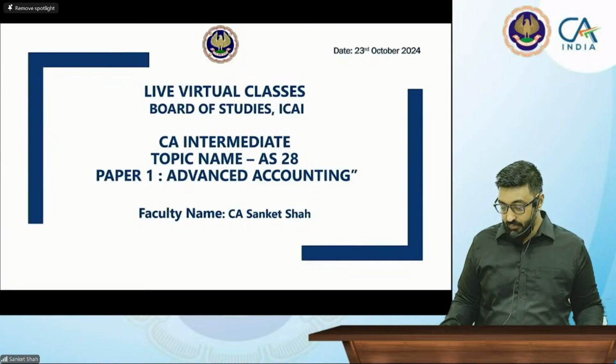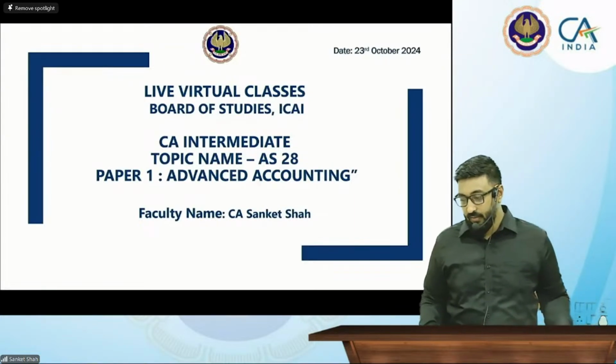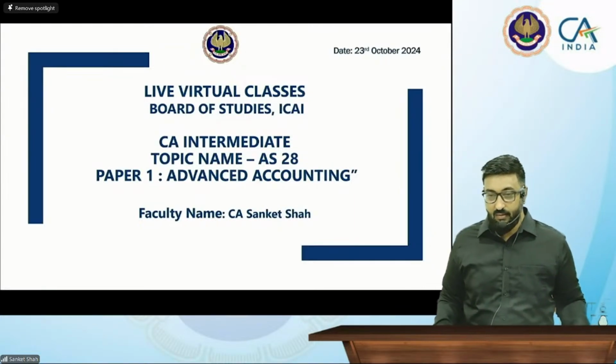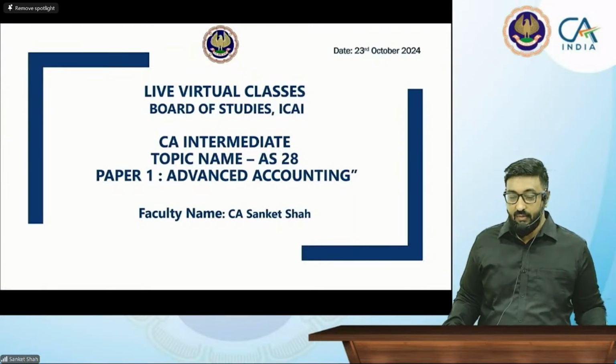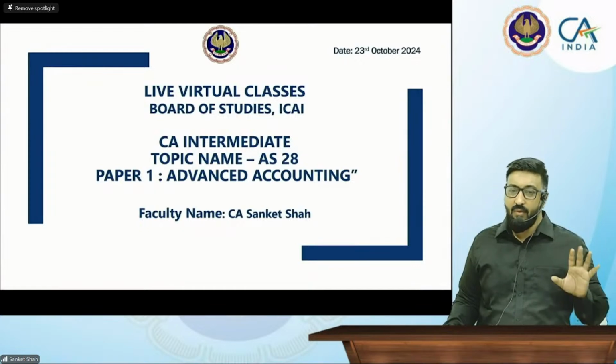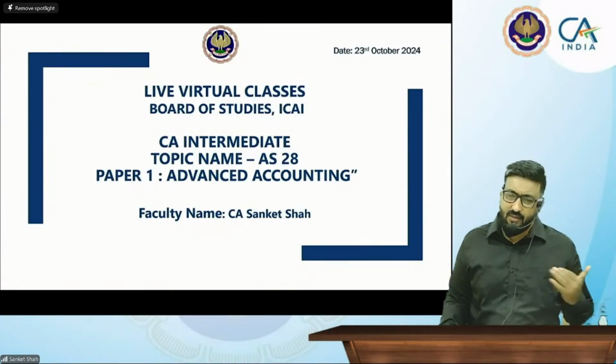Accounting Standard 1, Disclosure of Accounting Policies. Accounting Standard 2, Inventories. Accounting Standard 3, Cash Flow Statement. Accounting Standard 4, Contingencies. No, now don't use the words accounting standard; just 4, 5, 6, 7.